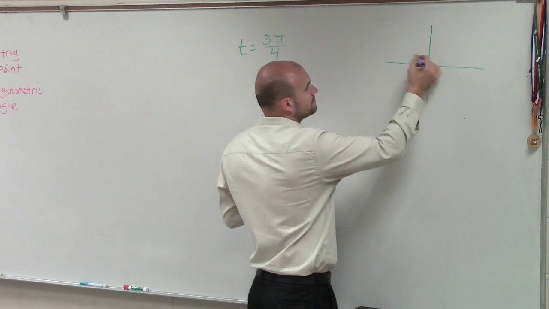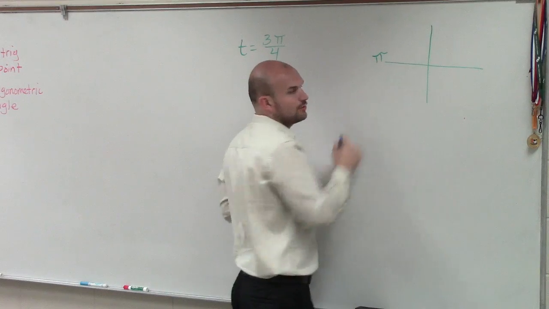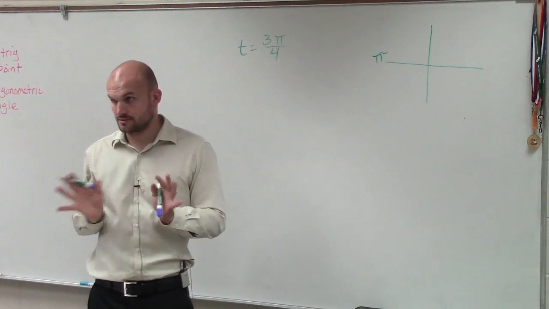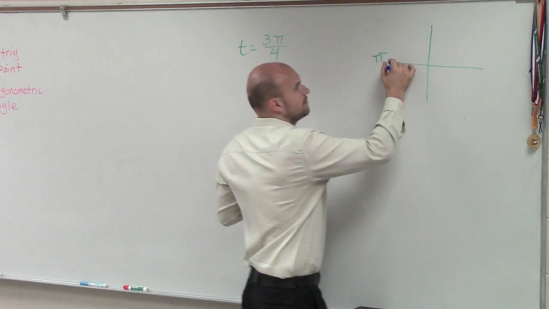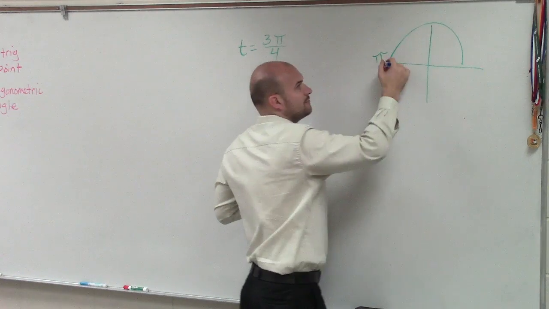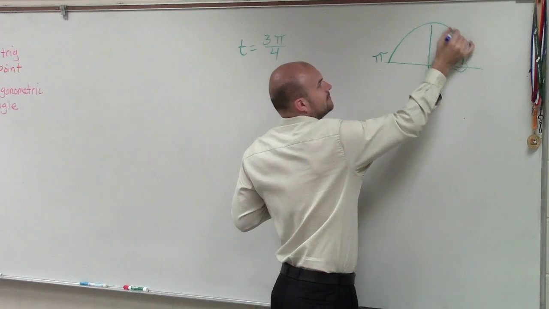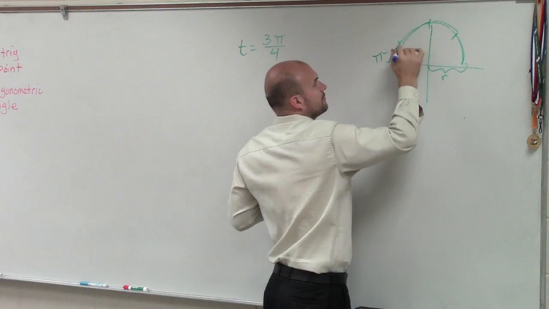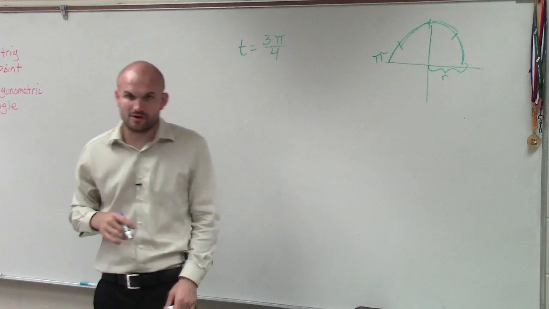Remember, guys, when we were talking about a circle, halfway around the circle was pi radians. If here was 1 radian, 2, 3 radians, and then 3.14159 radians, which is pi, is halfway around the circle.